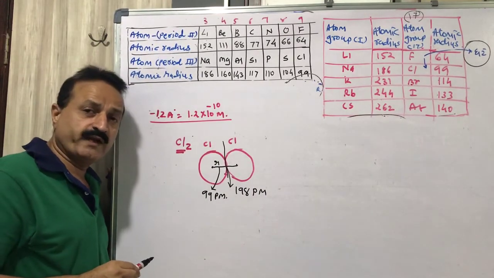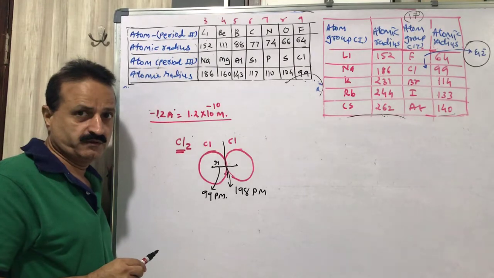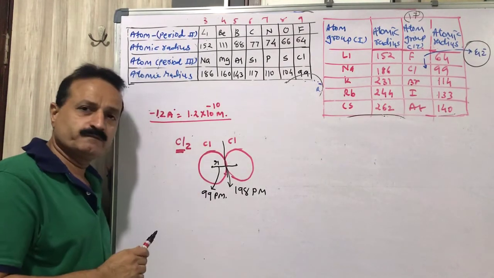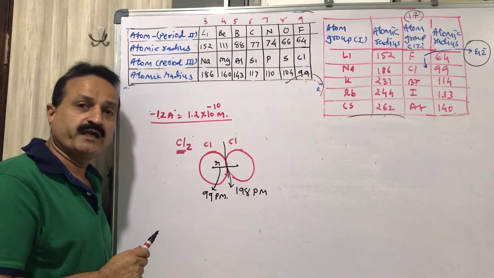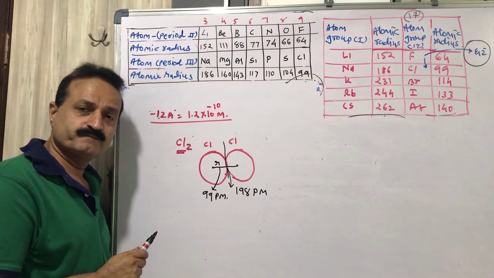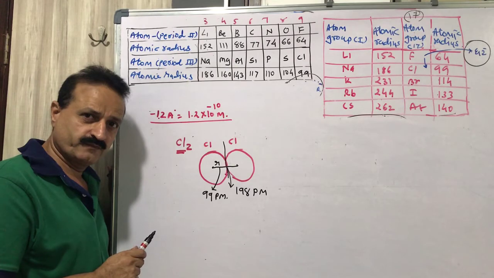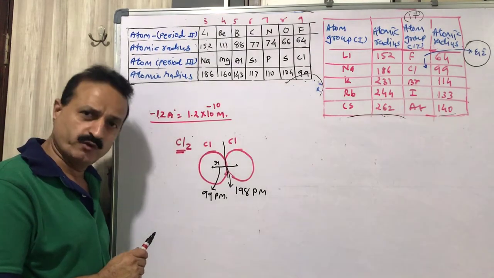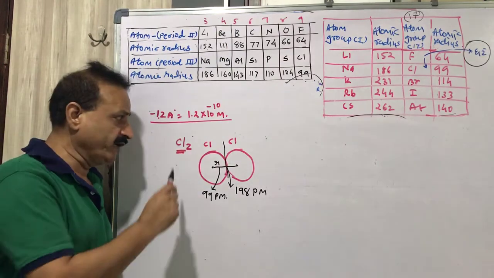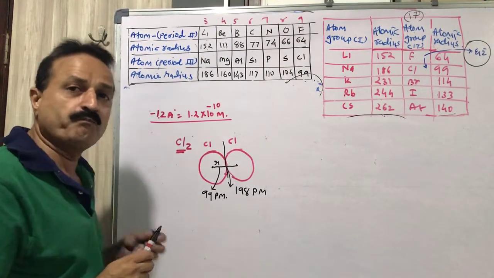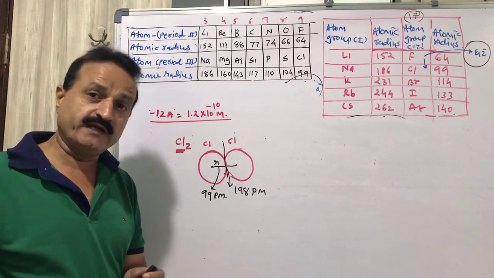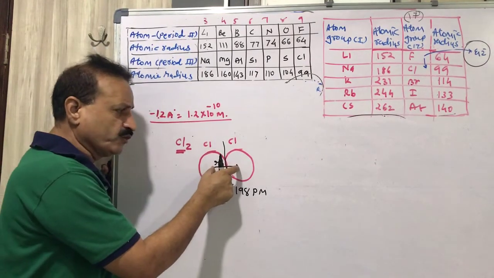So the radius of chlorine is proved to be 99 pm, picometer. This is for a non-metallic molecule obtained in the form of two combined atoms, with a covalent bond between the two chlorine atoms.